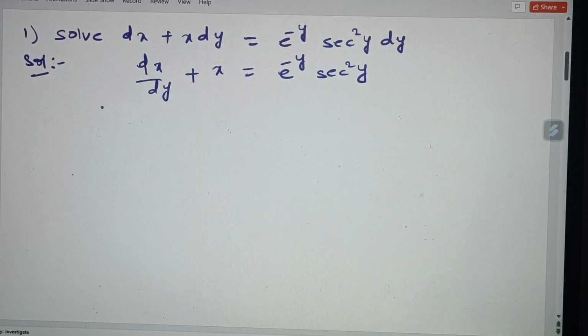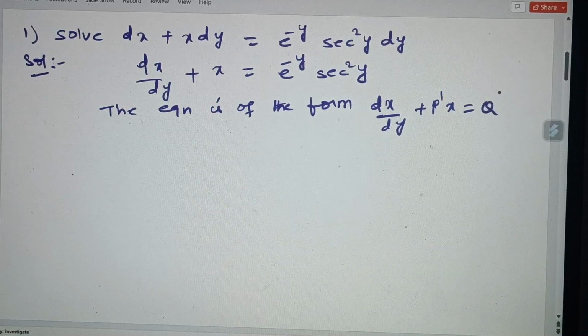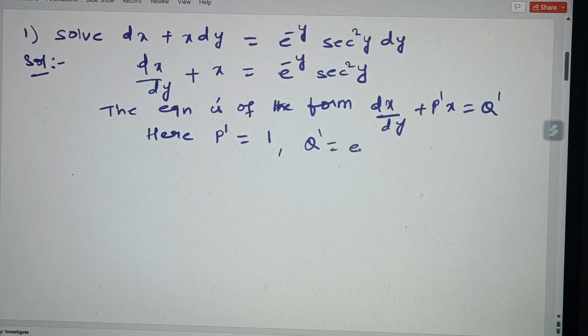Okay? Now you can write the equation is of the form... how is the equation looking, students? It is looking in the form of dx by dy plus p dash into x is equal to q dash. Okay? So, what is p dash and q dash here? P dash is equal to 1 by observation and q dash is equal to e raised to minus y into sec square y.